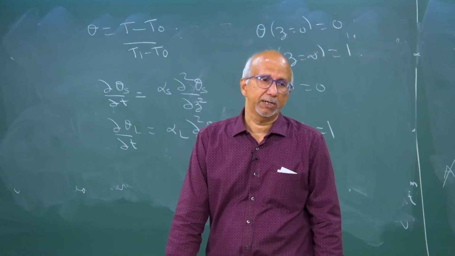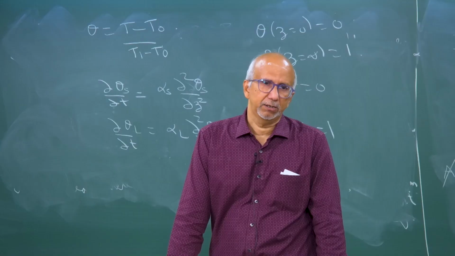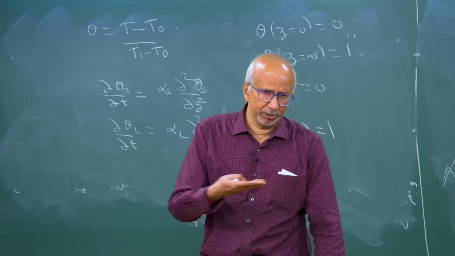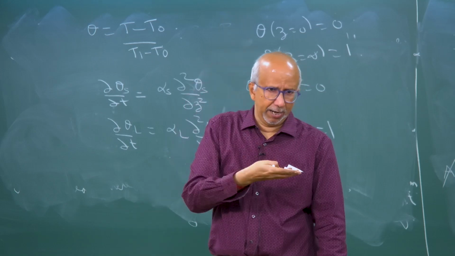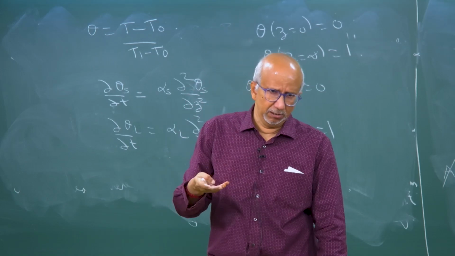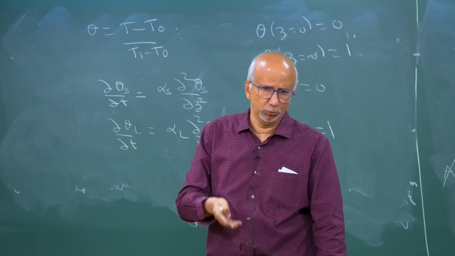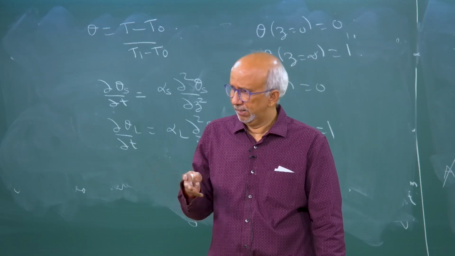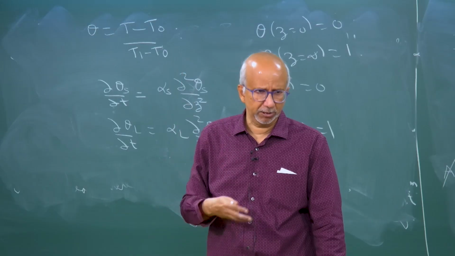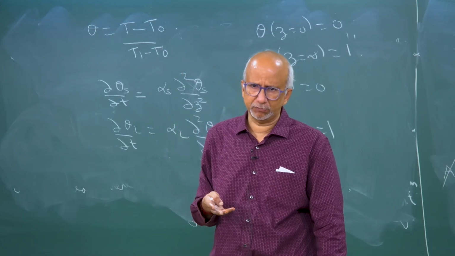We used similarity transform in the case of that velocity problem. Plate is moving, there is an infinite extent of liquid, and there was no length scale, and then we said we will use similarity transform. Here again, no radial variation, in some sense there is no length scale. So, we are again using similarity transform.